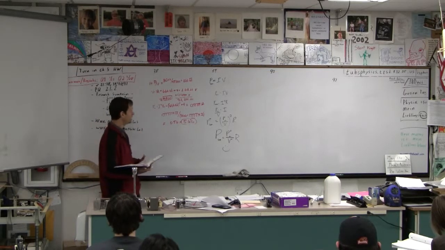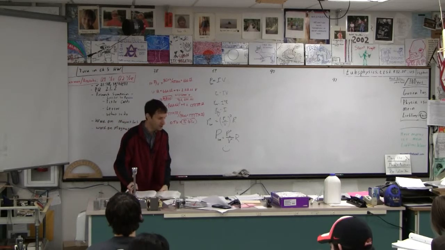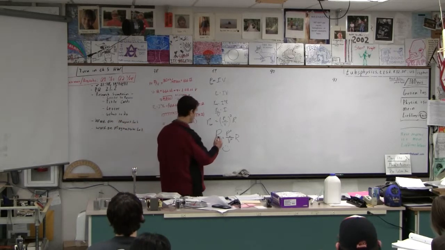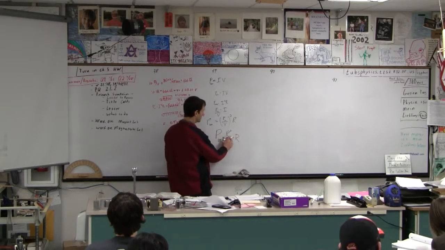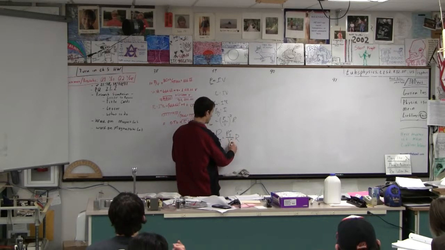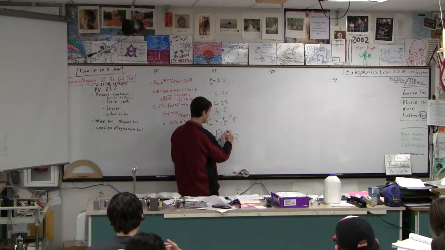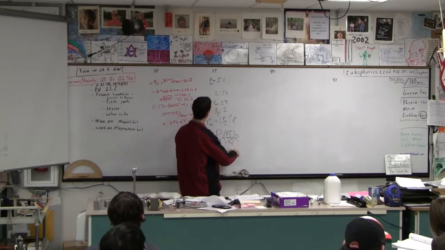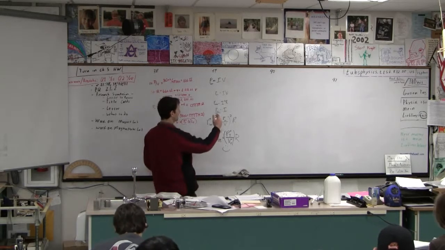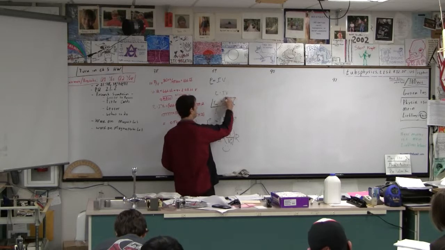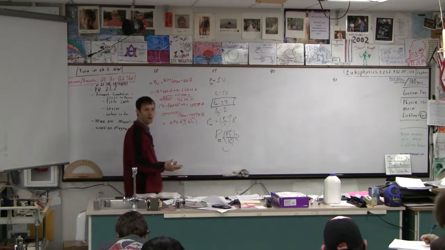And then 39 said that we should prove that the power lost is the total power divided by the transmission voltage, this whole thing squared, times R. So the way to do that is you're going to use this: the power loss is always I squared R on power lines, right?